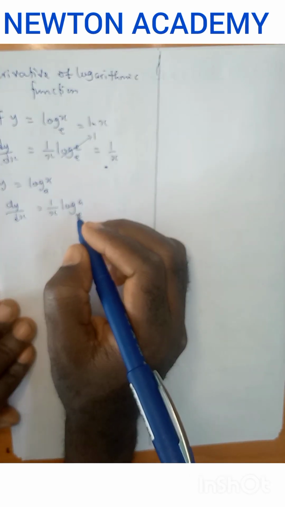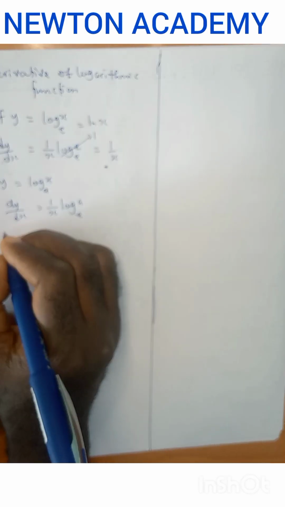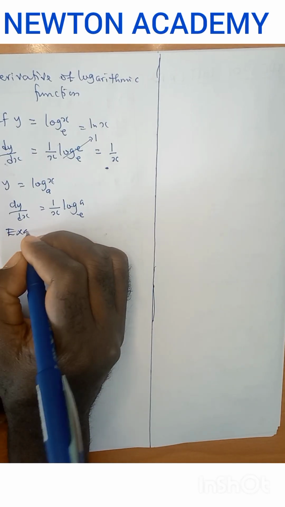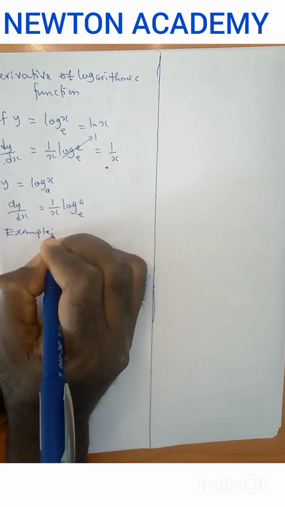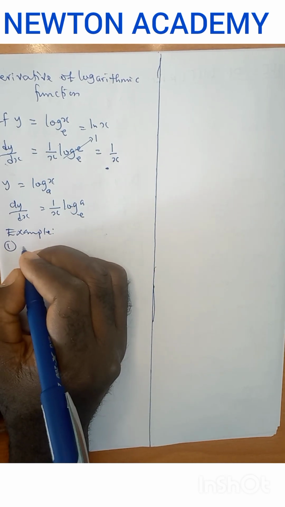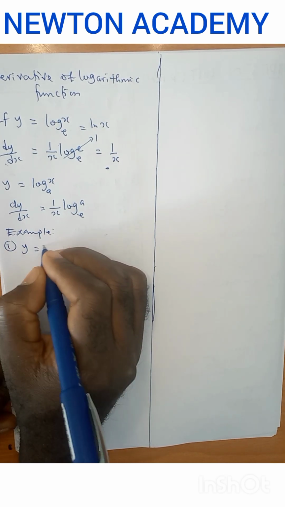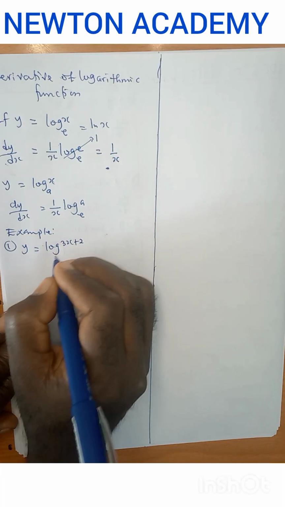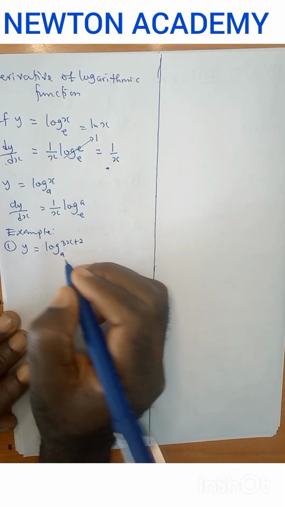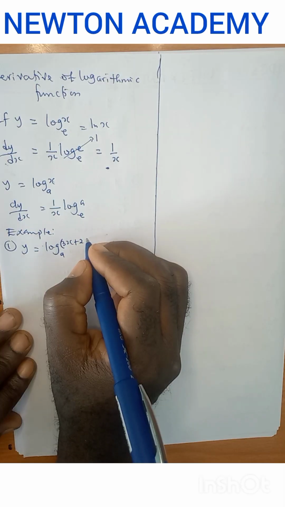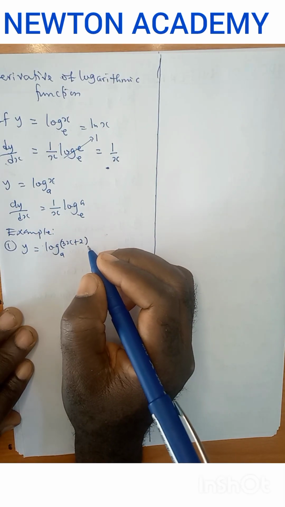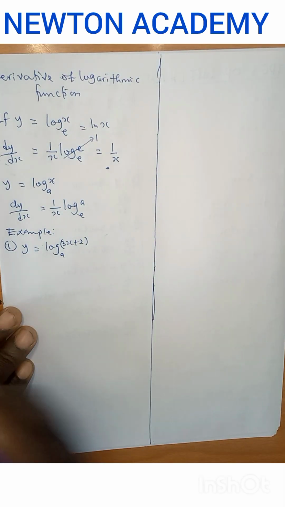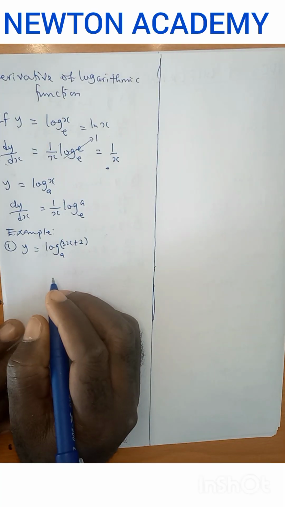Then let's take a look at some examples. Take for instance, we have this question: y is equal to the log of 3x plus 2 base a. How do we deal with this one? There is a shortcut for this, although I've been showing you the shortcut, that one is not a problem.